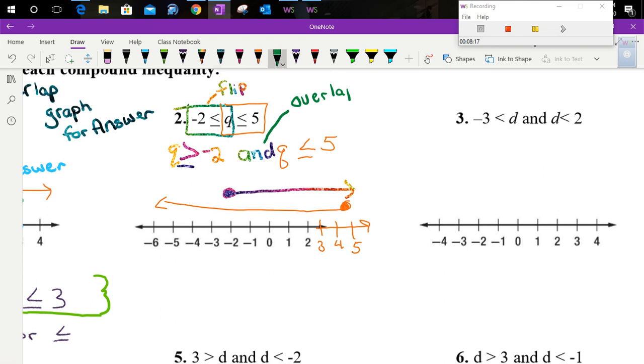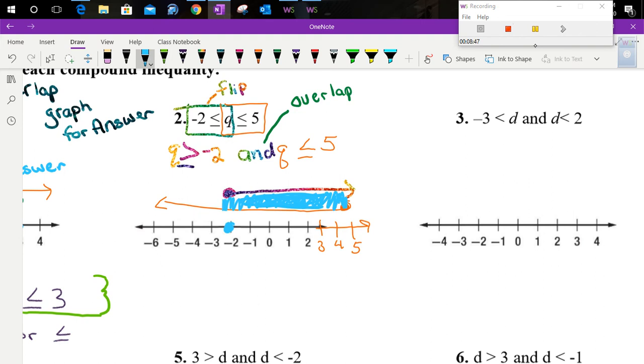So my answer to this one, they start overlapping here, and they're going to overlap all the way up to here. So this that I just shaded in blue is our actual answer. So on our answer graph, we're going to put a closed circle at -2.